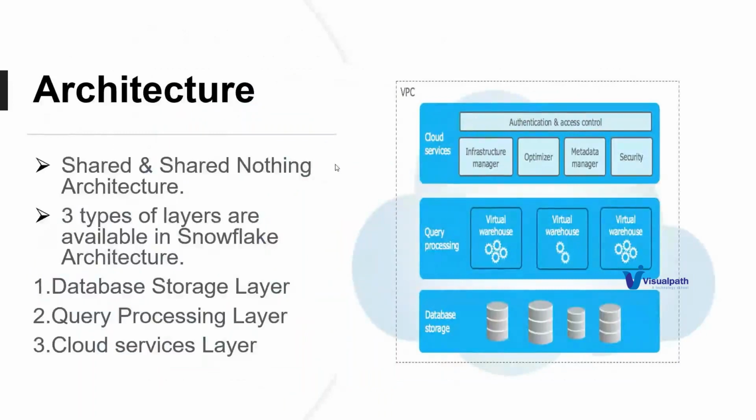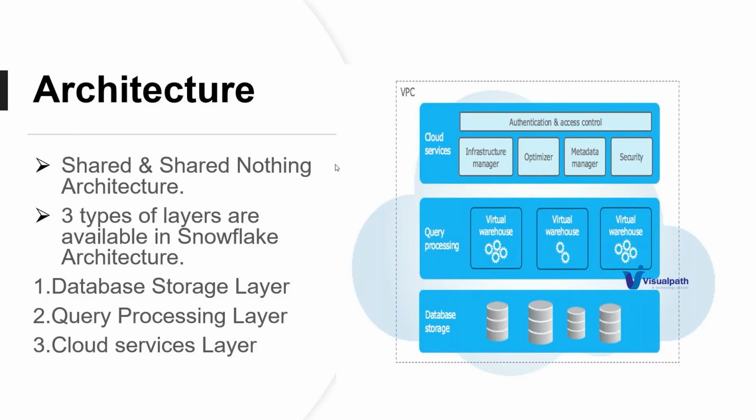Before entering into the Snowflake architecture: in the market, if any new technology comes in, we have to compare that particular architecture with two benchmarks. That is shared disk architecture and shared nothing architecture.